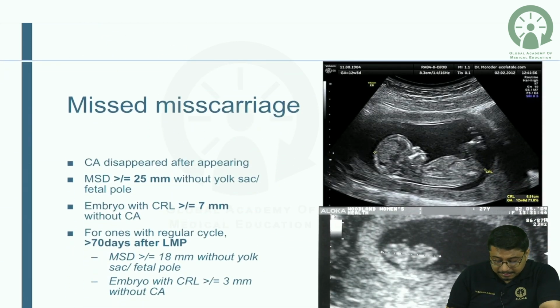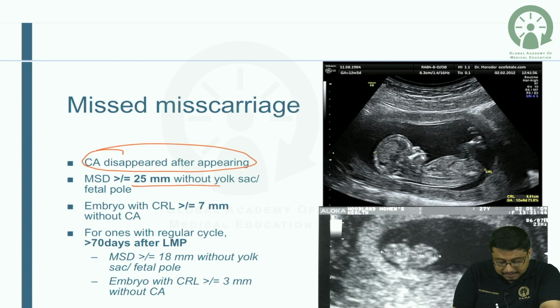Then coming to missed miscarriage. Now, what if the fetus is formed and there is no cardiac activity, or there is a gestational sac but there is no fetus? In those conditions, if cardiac activity has come and disappeared, then it is definitely missed miscarriage, even though there are no other features of miscarriage.